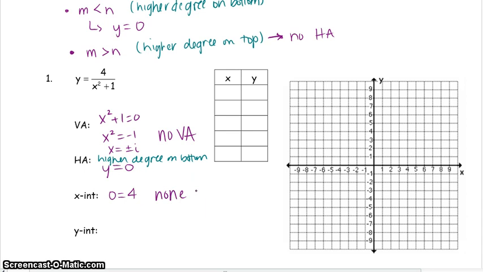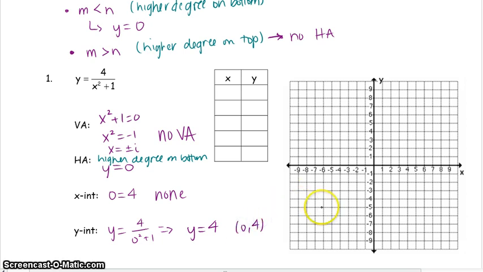So this would be none. And then to find our y-intercept, we just set our x equal to 0. So that would give us y equals 4 over 0 squared plus 1, which is just y equals 4, which gives us the point (0, 4).